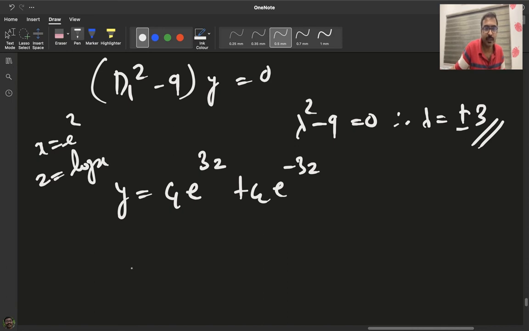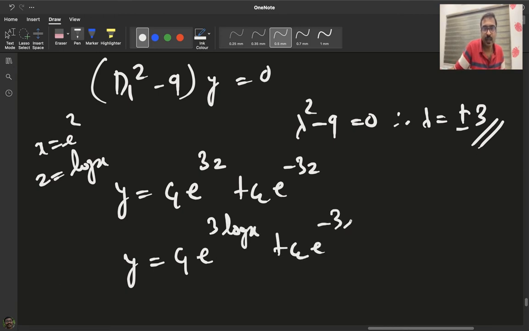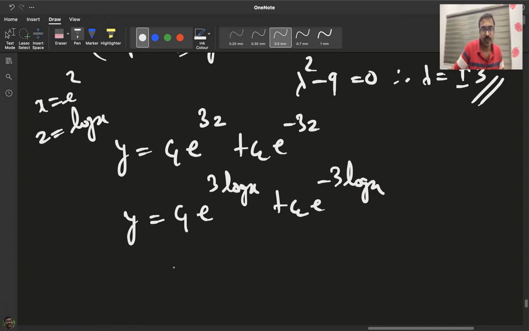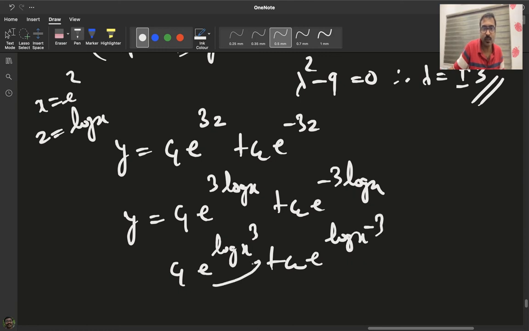So y is equal to c1 e raised to 3 log x plus c2 e raised to minus 3 log x, or simply c1 e raised to log x whole cube plus c2 e raised to log x raised to minus 3. Now e raised to log is basically 1, so you get the answer y is equal to c1 x cube plus c2 x raised to minus 3. So that's the solution.